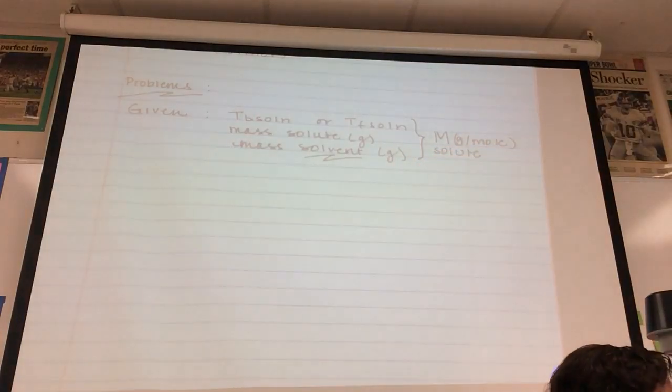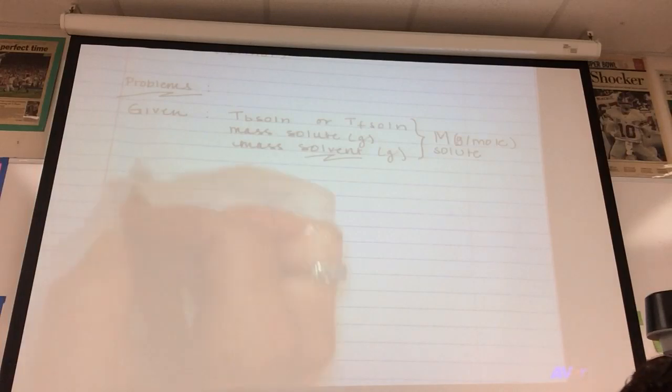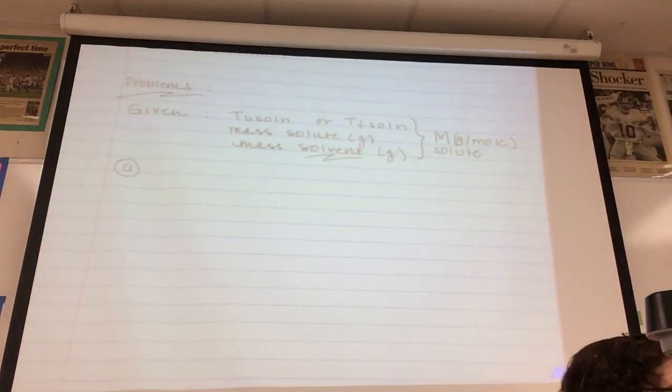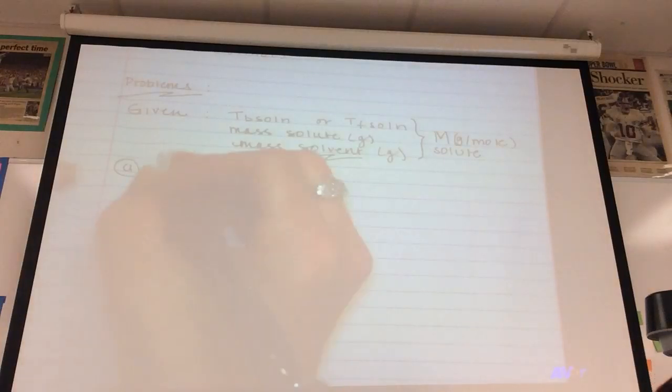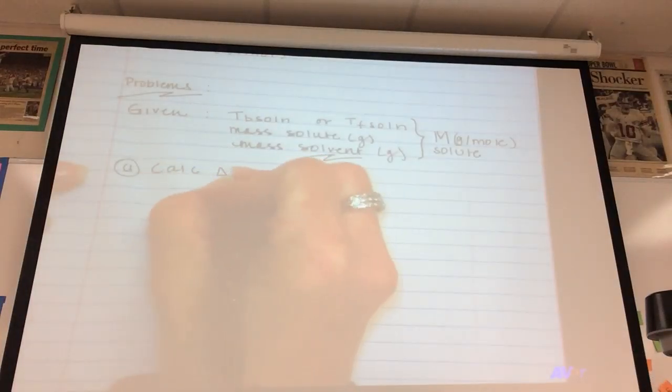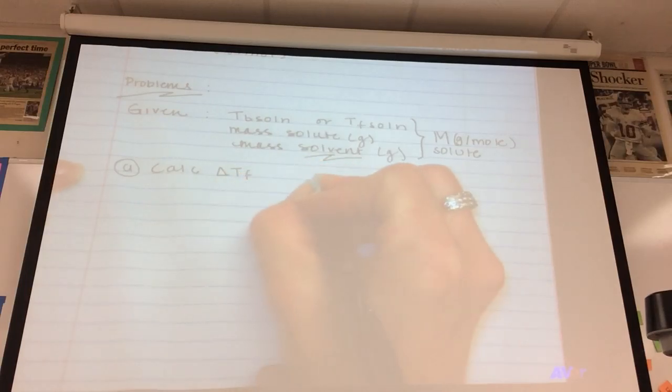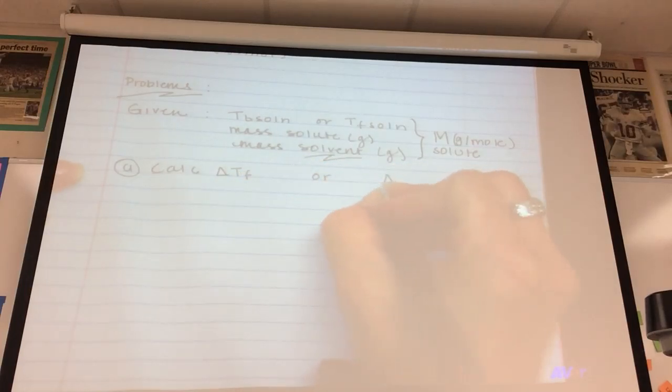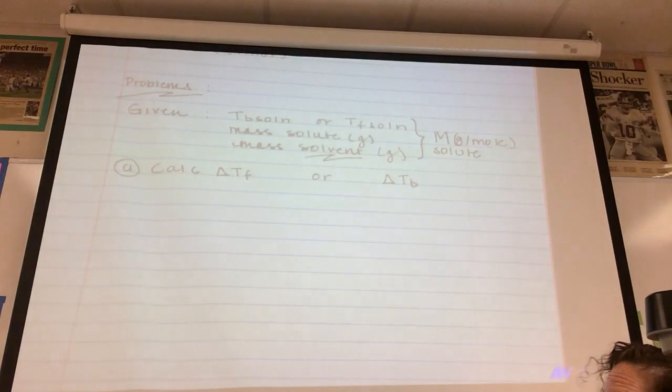The way we're going to do this is we're going to work the formulas you were provided with the last 2 days backward. So in the first step, which we'll call A, that's how I labeled it in your notes, you want to be able to calculate delta TF or delta TB.